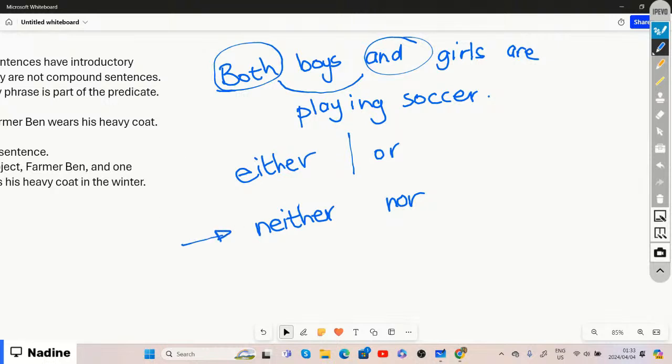Or when we use the words either or, we can say you can either get the ice lolly or you can get the ice cream. So you choose. So that is correlative conjunctions.